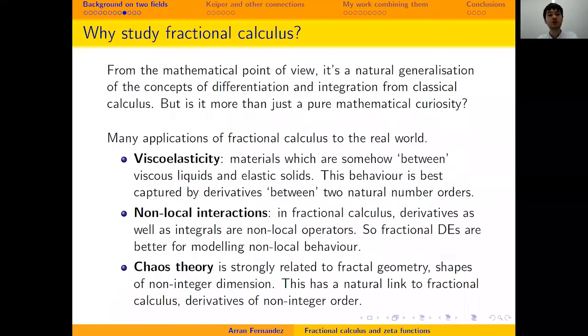Again, let me motivate this. Why should we study fractional calculus? From the mathematical point of view, I'm a pure mathematician, so from my point of view, it's just a natural generalization.